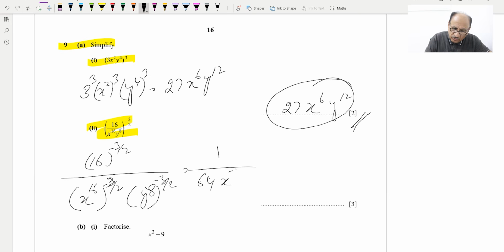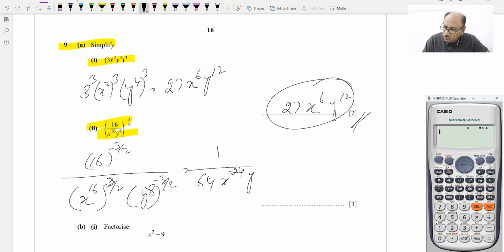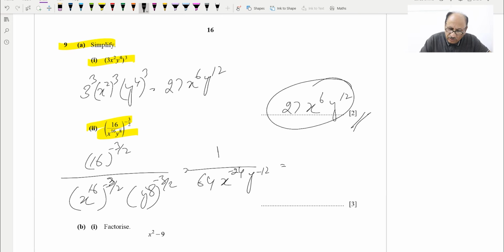So x raised by minus 24, and y raised to the power 8 into minus 3 over 2 bracket close, and this is minus 12. So y raised by minus 12. So minus we can move up. So my x raised by 24, y raised by 12 over 64. This will be our final answer.